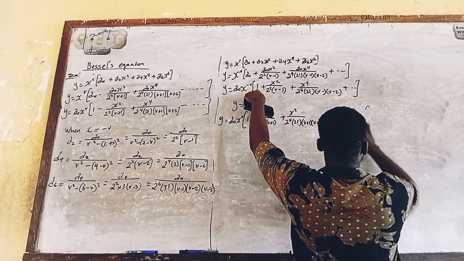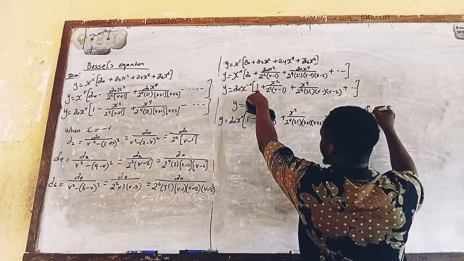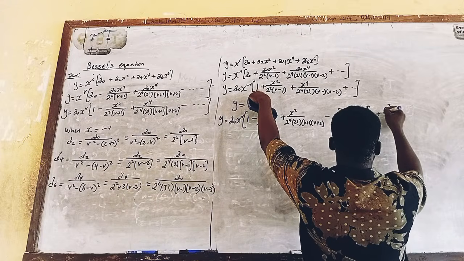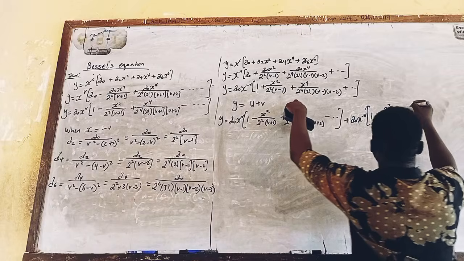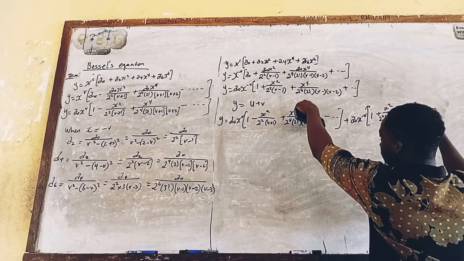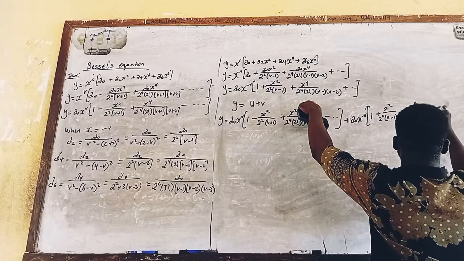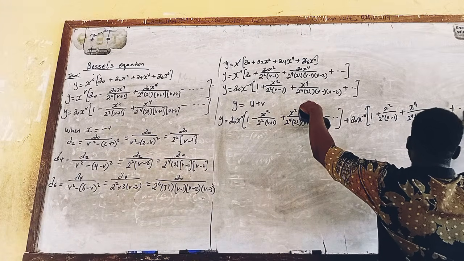a naught x raised power minus v. So we have 1 plus x squared over 2 squared times v minus 1 plus x raised power 4 over 2 raised power 4 times 2 factorial times v minus 1, v minus 2 plus the last one.